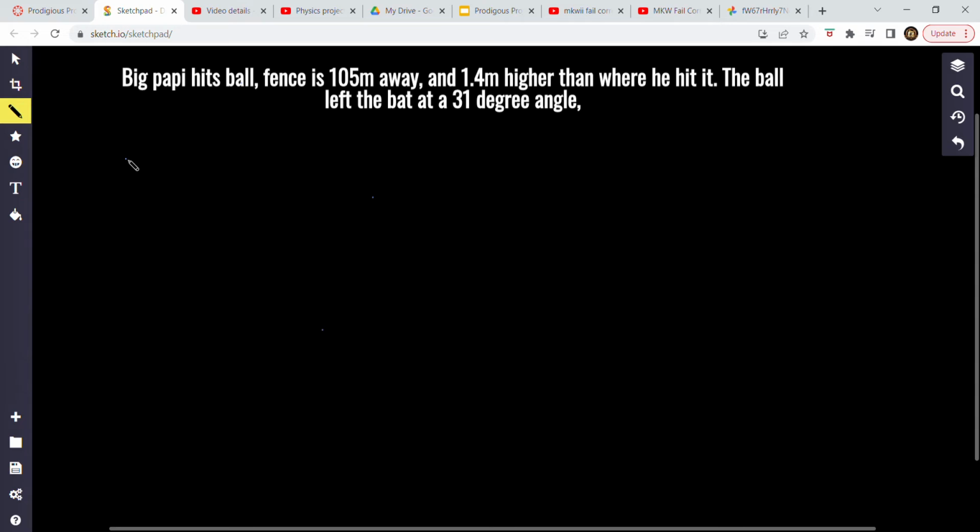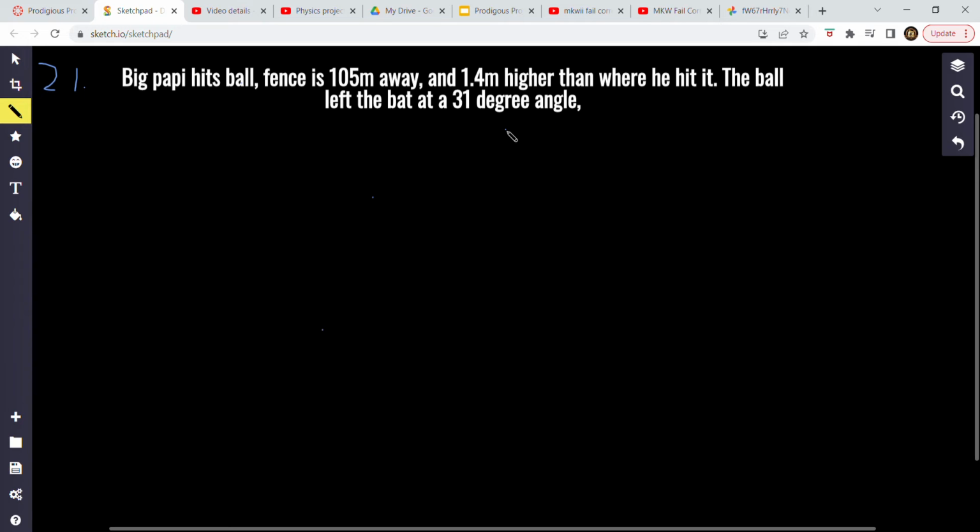But so today we're going over the Big Poppy problem. I believe this is question 21. I'll just write this up here. Question 21, and basically, in short, Big Poppy hits the ball with the fence 105 meters away, and the fence is also 1.4 meters higher than where he hit it. The ball left at a 31-degree angle.